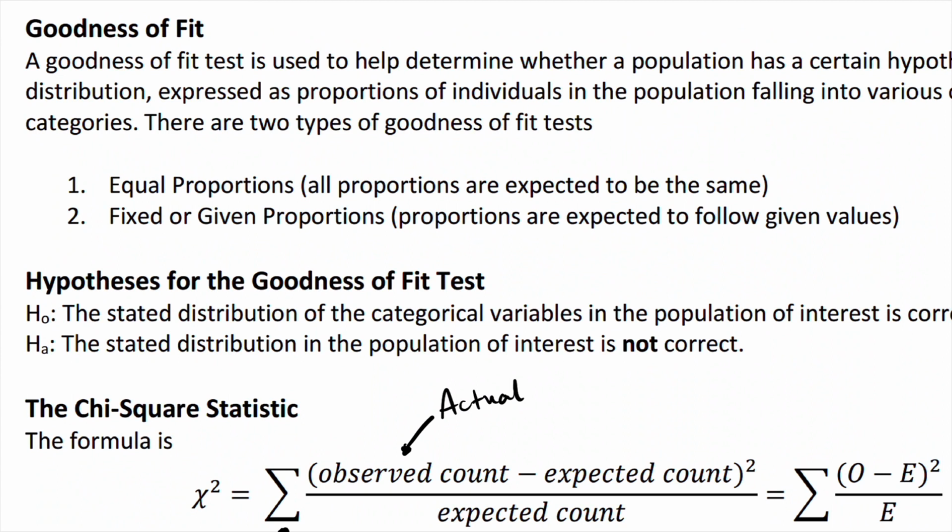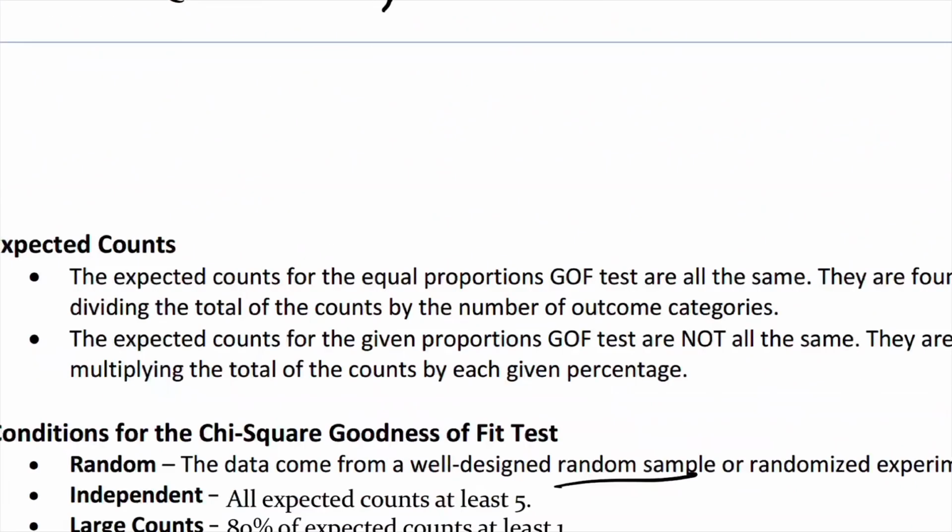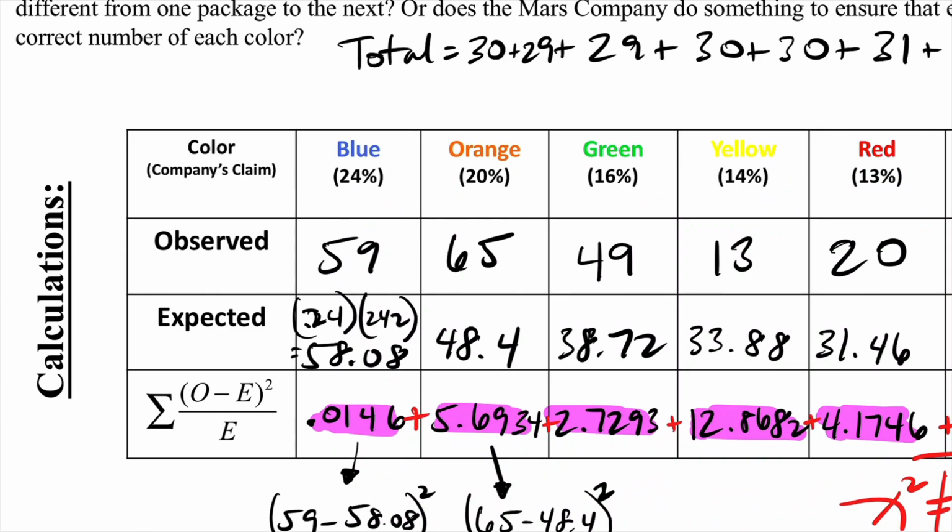Which one was it? Was it equal proportions, where all the proportions are expected to be the same? Or was it fixed or given proportions, where proportions are expected to follow given values or given expectations? So it's easy to check, because this one says all proportions are expected to be the same. Go to your table. Are all proportions exactly the same?